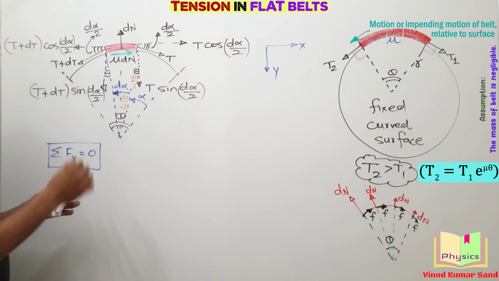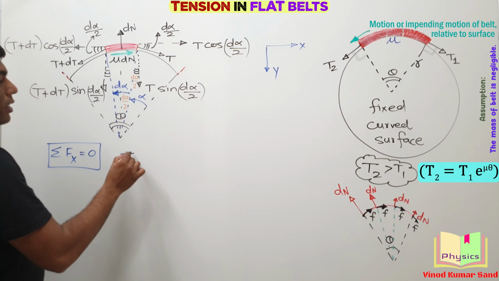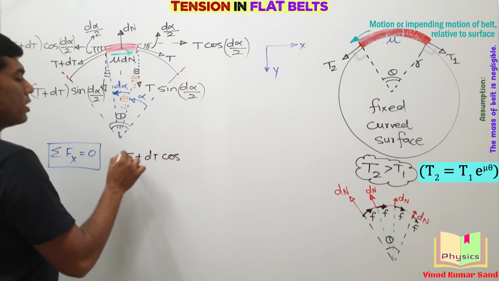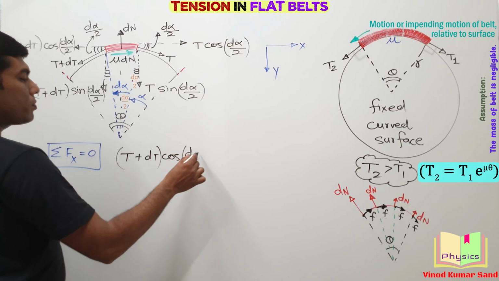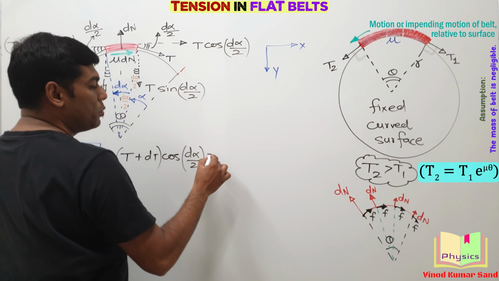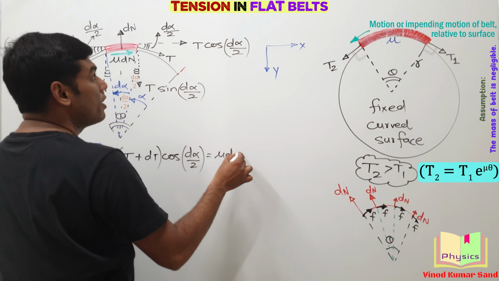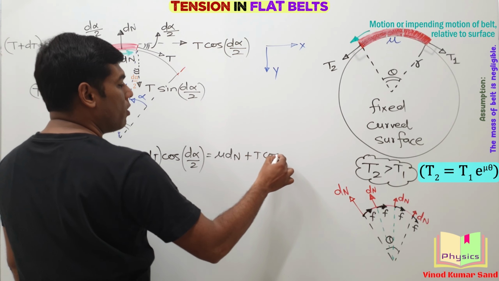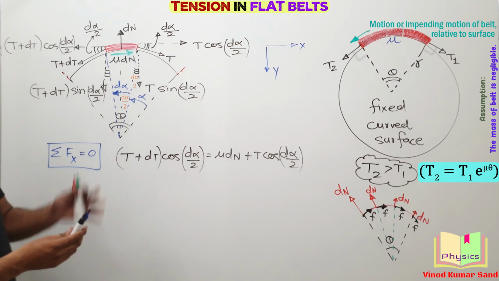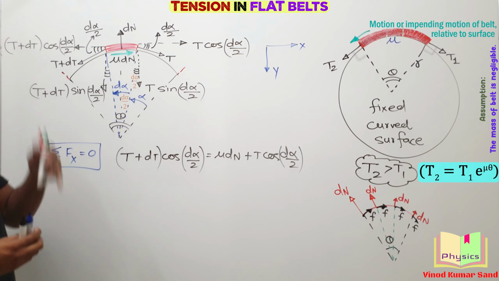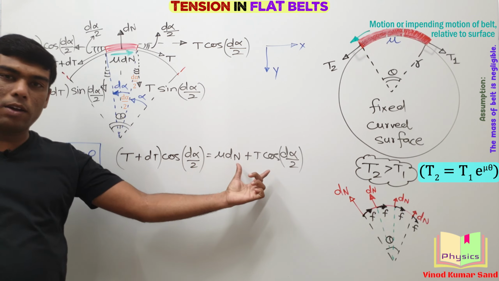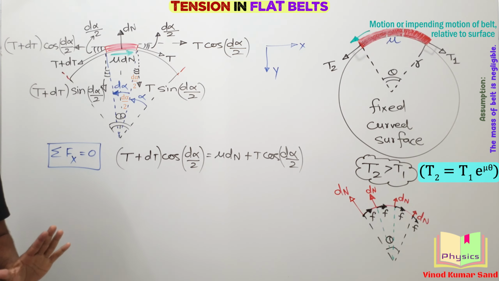In x direction, we have the force here (T plus dT) cos d alpha by 2 equal to mu dN plus T cos d alpha by 2. Check it yourself. One horizontal force in this direction, two horizontal forces in this direction, they should cancel out each other to make the sigma Fx 0.